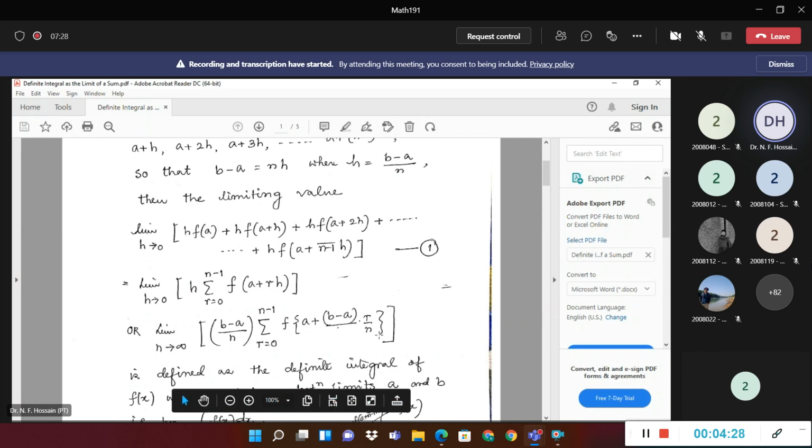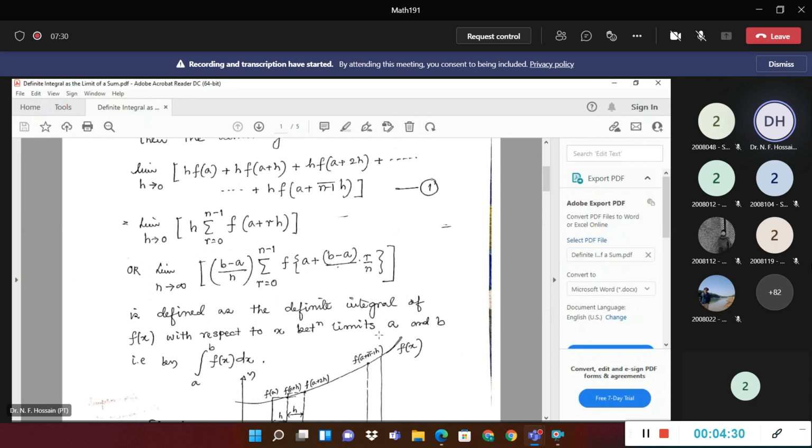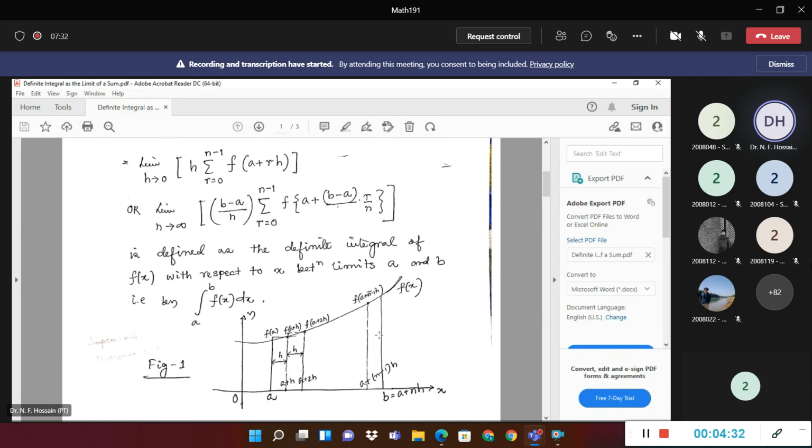So this sum is actually defined as the definite integral of f(x). It is another definition of the definite integral of f(x) with respect to x between the limits a and b, that is, the integral from a to b of f(x) dx.